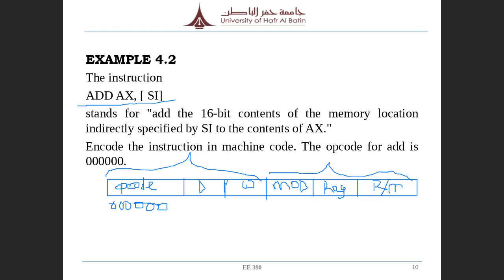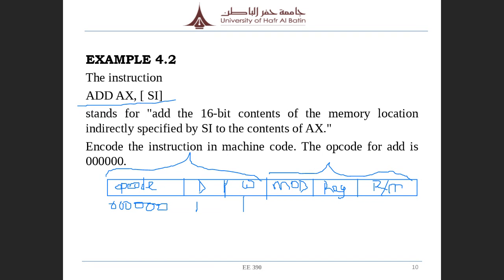Here the first operand is the register, which is the destination, and the second operand is the memory location, indirectly represented by another register. So it is to register, so D will be 1. And what is W? Is it a 16-bit operation or 8-bit? 16-bit, so W is 1. Yes, very good.